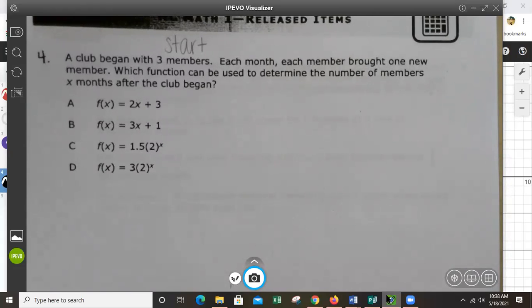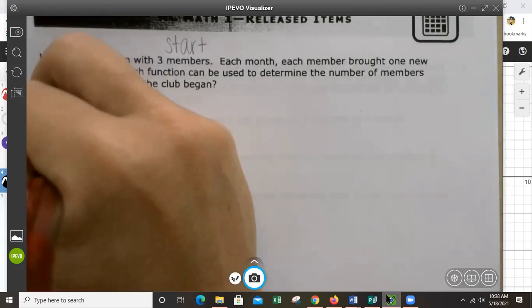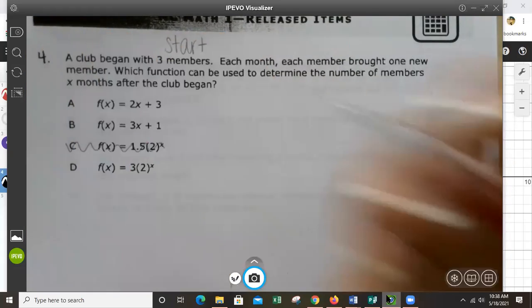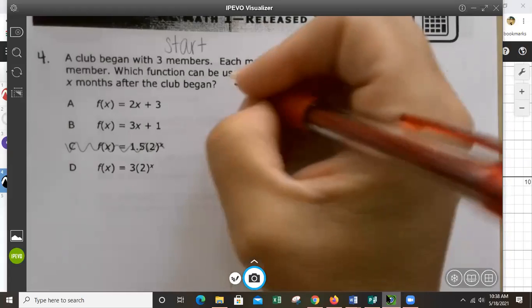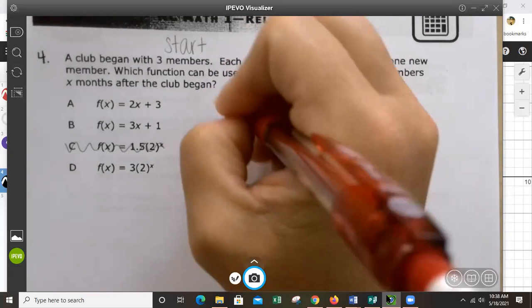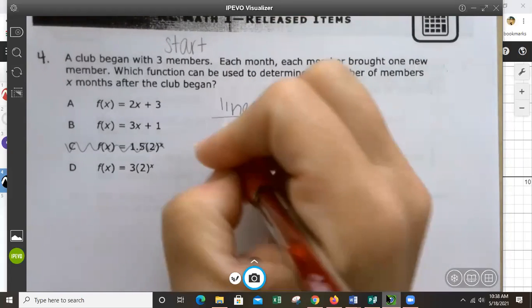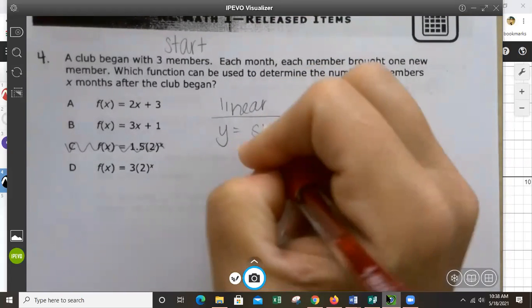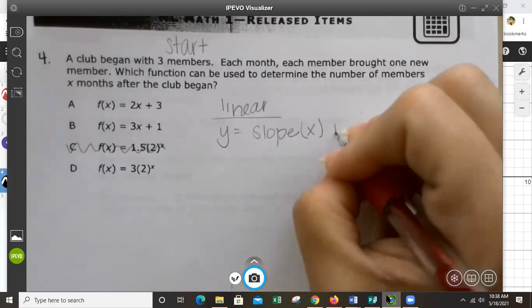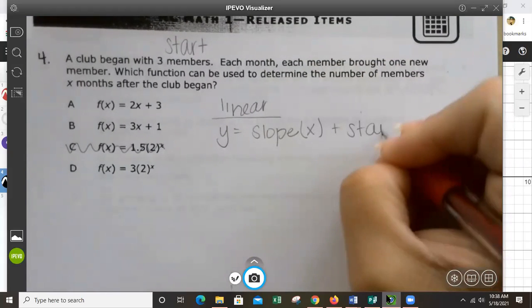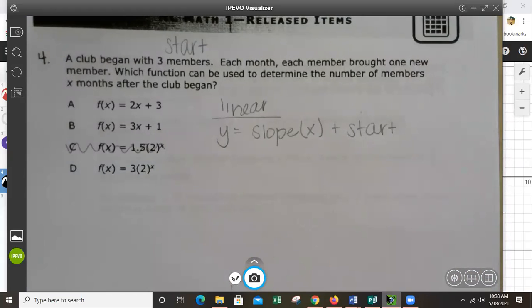Be careful. We know it's not C because why? It doesn't even have a 3, does it? Well, which one? Remember this. So if it's linear, it's y equals your slope times x plus your start, right?